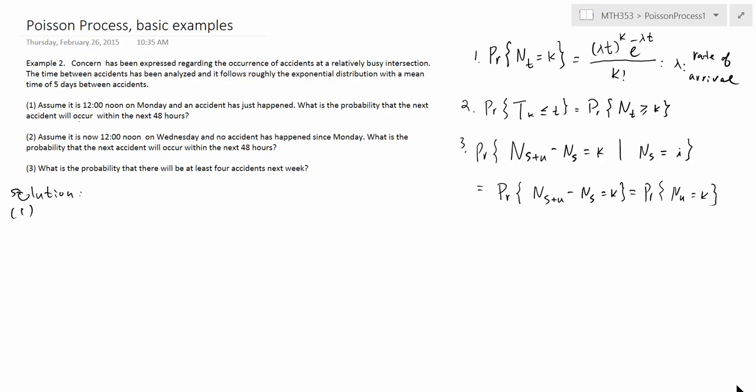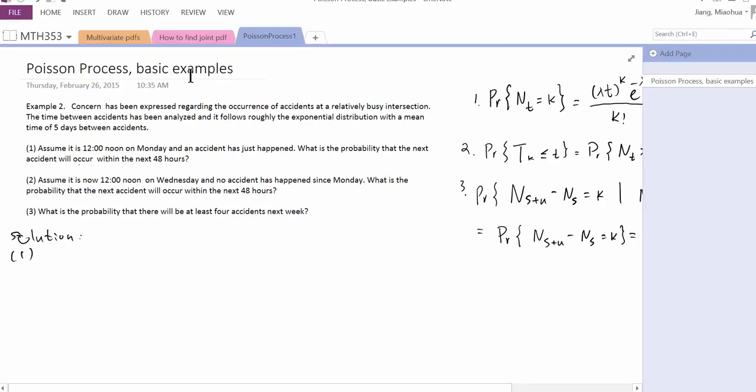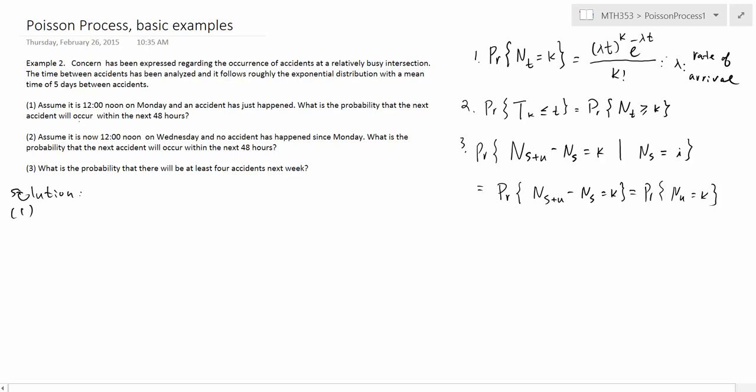So the first thing we need to look at is the rate of arrival for this Poisson process. Because the mean for the exponential distribution is 5 days, we have 1 over lambda, the mean, equals 5.